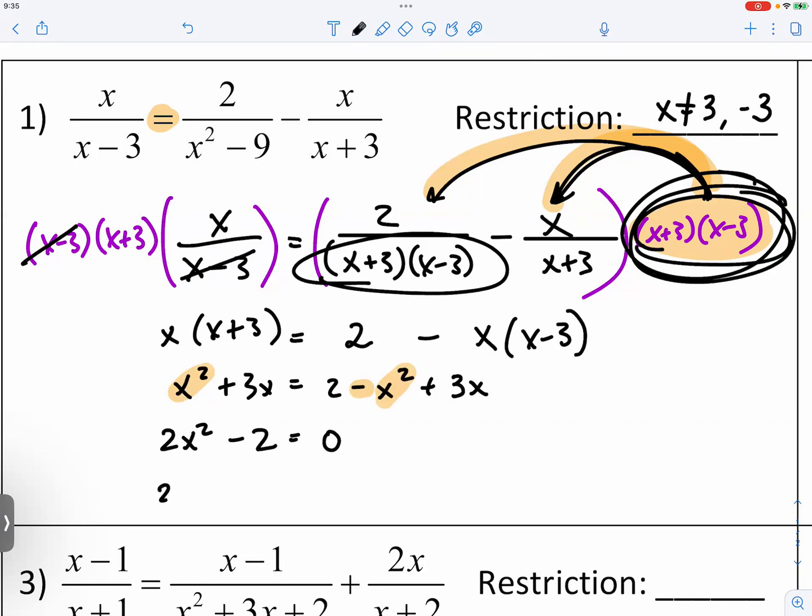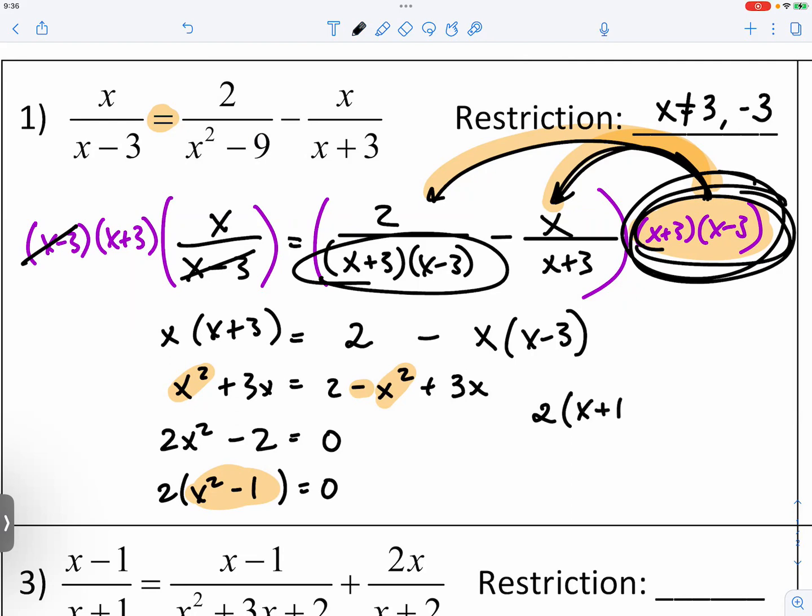And then you factor out the 2. Anything special here? You see anything special? I hope you see this special thing right here, x squared minus 1. What's x squared minus 1?